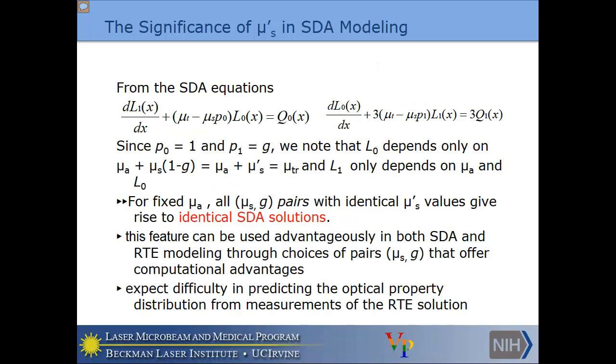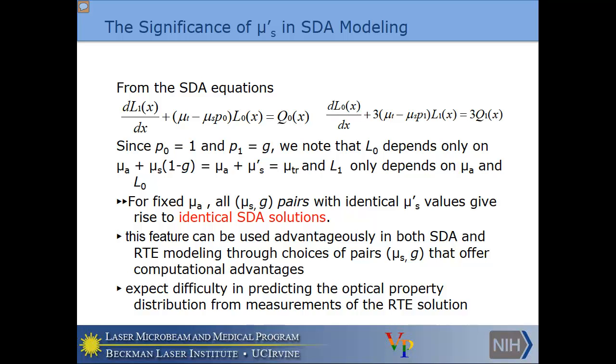So what is, roughly speaking, the problem? Just reviewing here, I said earlier that the standard diffusion approximation equations give you mu s prime back and not mu s and g separately.